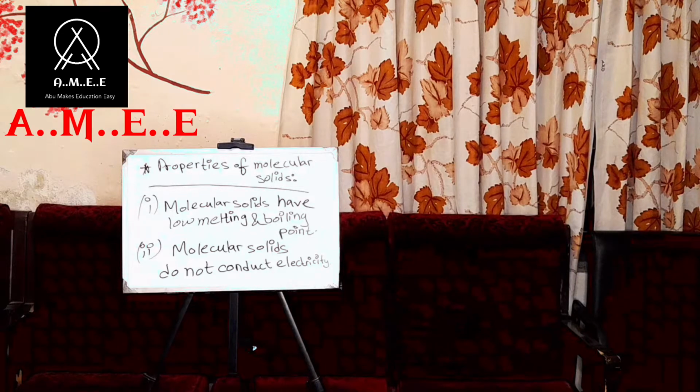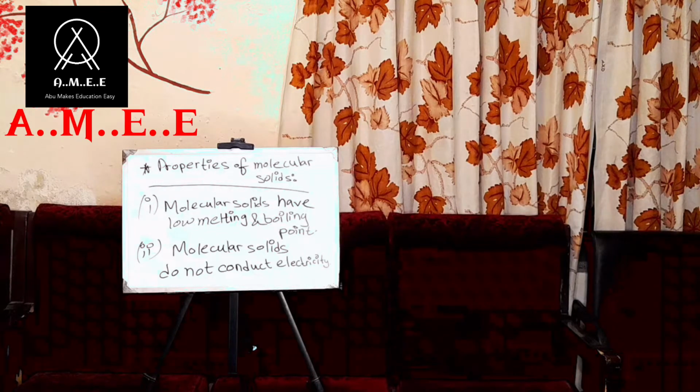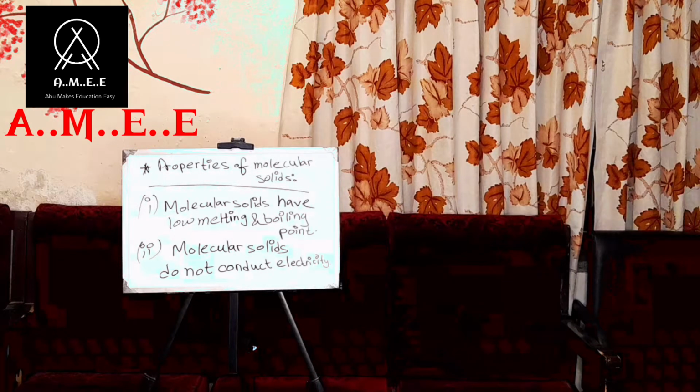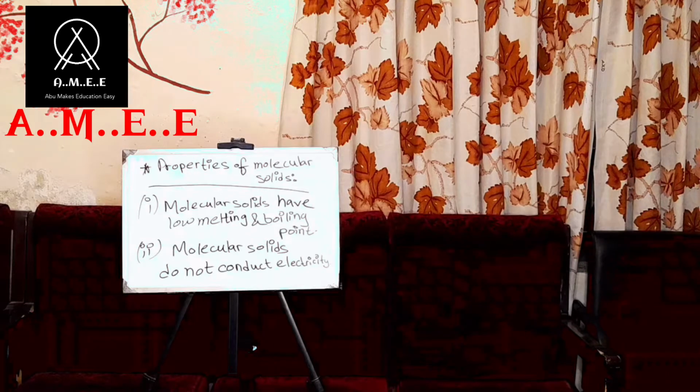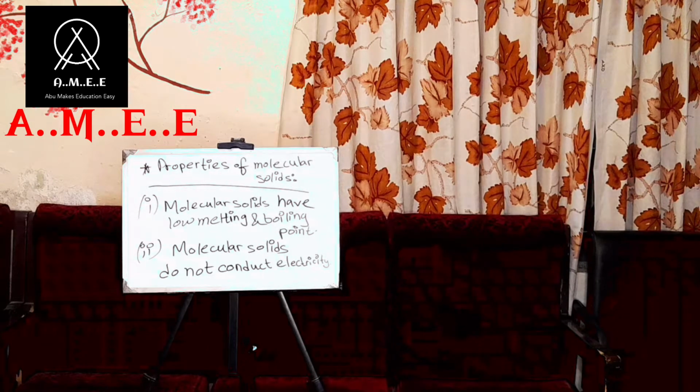Both mean the same, but are written in different ways. One, you copy the whole property, write because, and continue from that point, or you directly start from the reason and at the last say that hence it has low melting and boiling point.